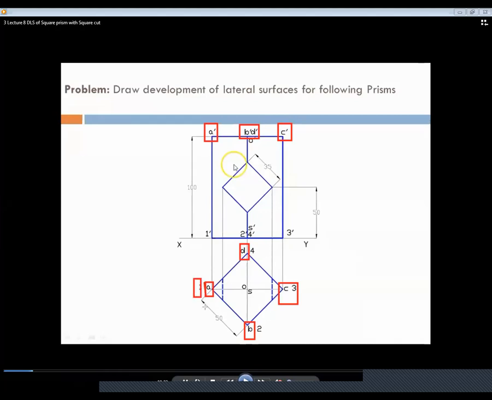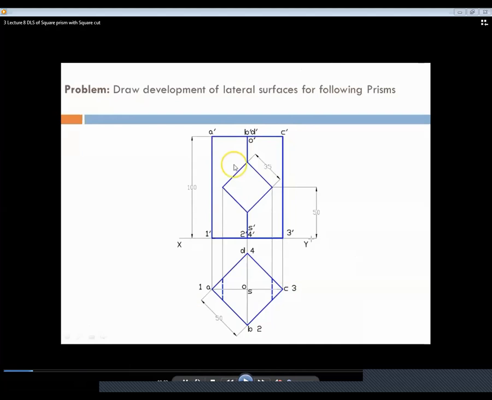You can give numbering also. If 1 is here, then 1 dash should be here, 2 2 dash, similar with 3 3 dash and 4 4 dash. In front view we are giving the names A dash, B dash, C dash, D dash, 1 dash, 2 dash, 3 dash, 4 dash, and in top view will give the names A, B, C, D and 1 2 3 4.